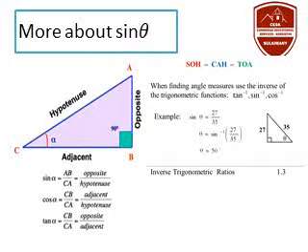This fraction 27 over 35 is sine theta, not theta. Sine theta is given, but theta is unknown.